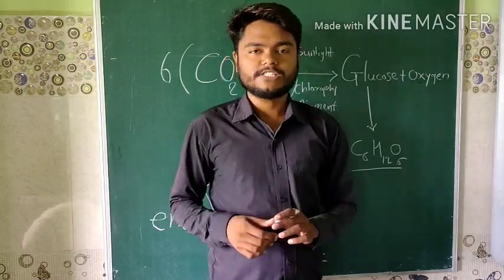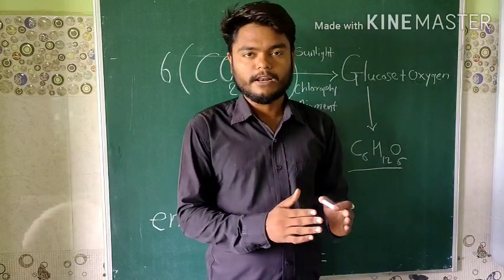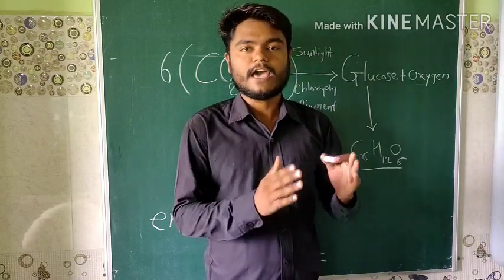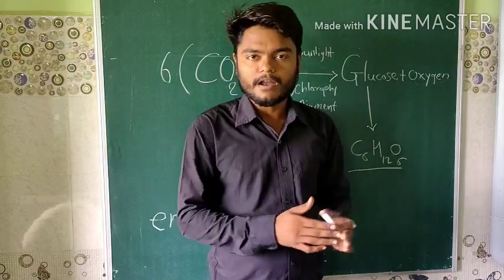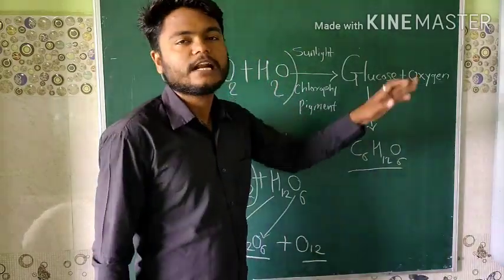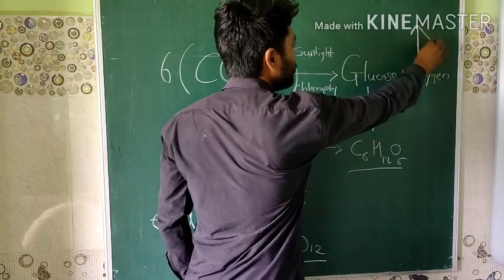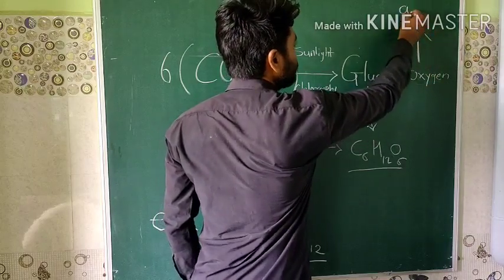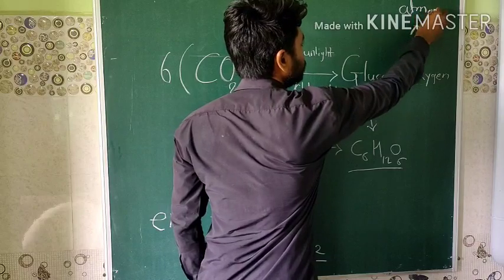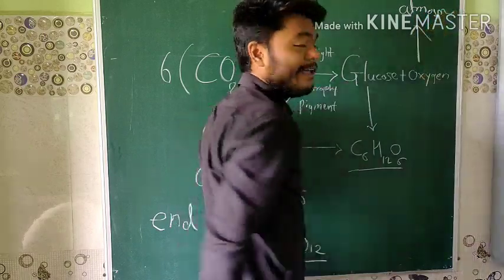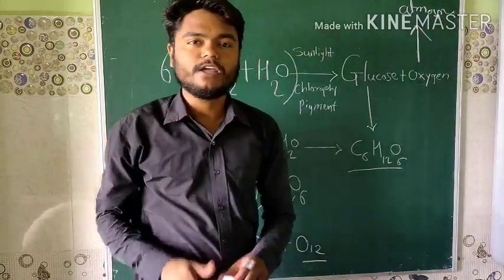Glucose is used as a food material in the plant, and oxygen is released into the air, that means the atmosphere.